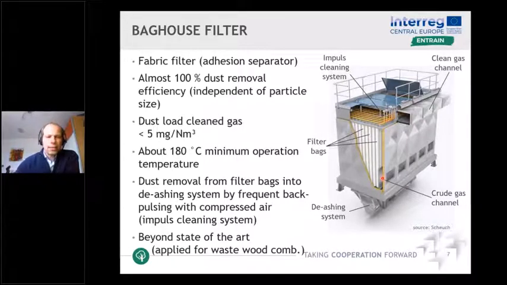With this technology, almost 100% dust removal efficiency is possible, also independent from the particle size. Dust loads of the cleaned gas are usually below 5 milligrams per normal cubic meter.